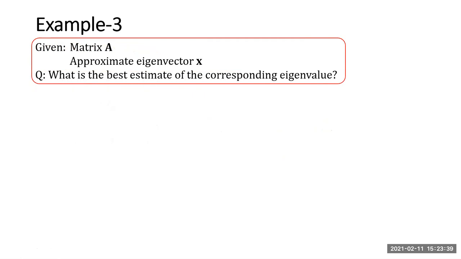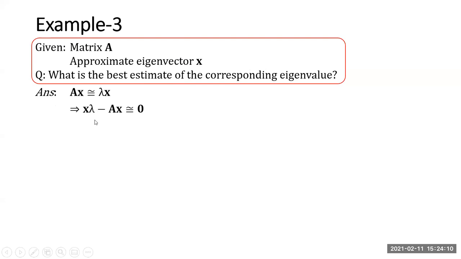Now we want to estimate what's the corresponding eigenvalue. How do we do that? So we assume that AX is approximately equal to lambda X, since X is approximately an eigenvector of A, and we assume that lambda is the best estimate of the eigenvalue.